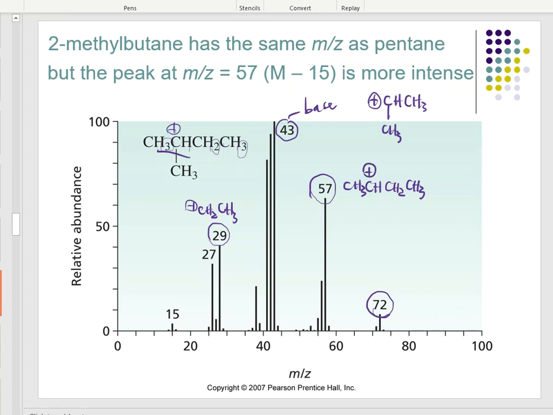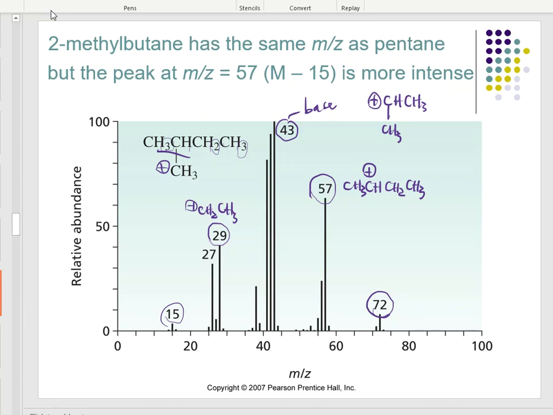Then if I didn't give that side the positive, we'll erase it. And I give this side the positive. That gives me the 12 and 3, which is the 15 that sits down here below. Right? That's really the only options that I have to get some of these major fragments that are listed on the spectrum.